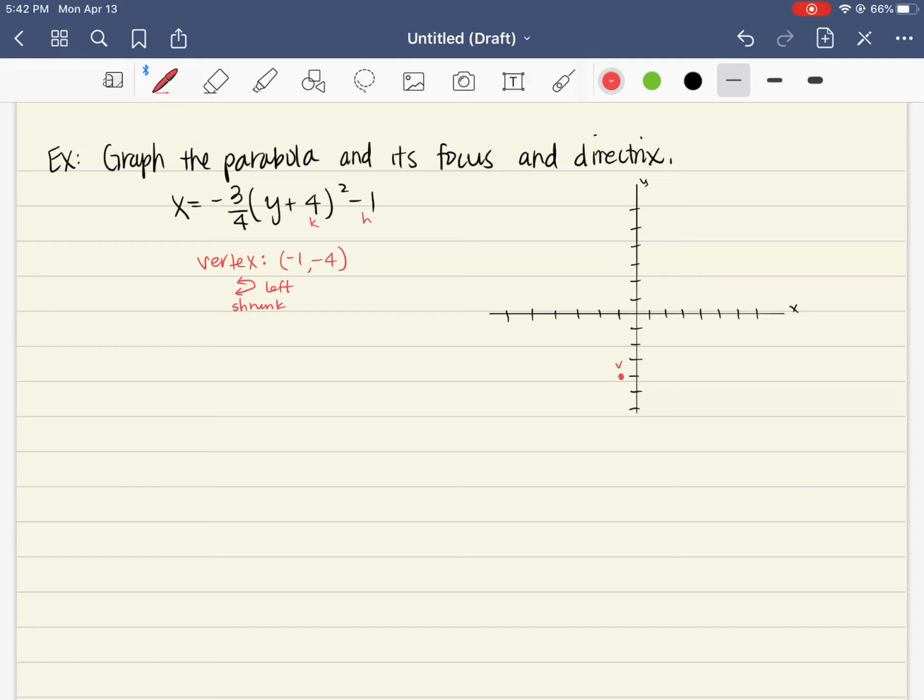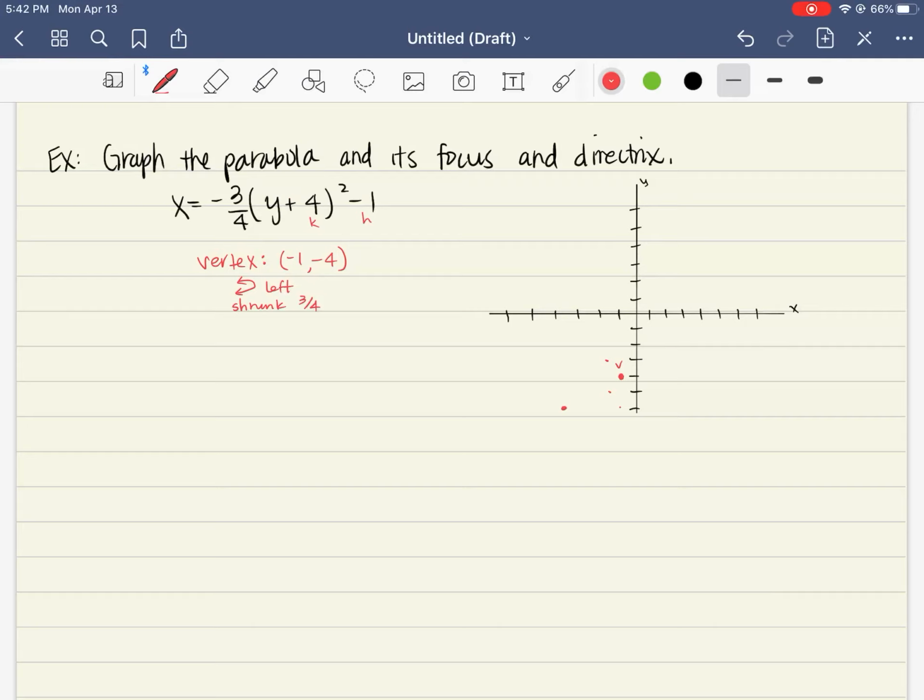And then I also know that it's being shrunk by 3/4. So if you want to just use the a value to graph, you can do that. We know that if it's 1 unit away, instead of going 1, it's only going to go 3/4 the distance. 1 unit away, 3/4 the distance. 2 units away, normally it would go 4 units forward, but in this case, 3/4 of 4 is actually just 3.